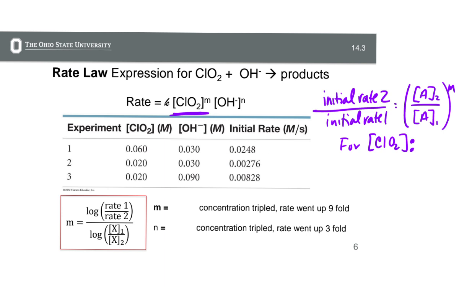So for ClO2, when we assign initial rate 1 and initial rate 2, we're going to take the bigger number over the smaller number, just to make these positive, although it doesn't really matter.